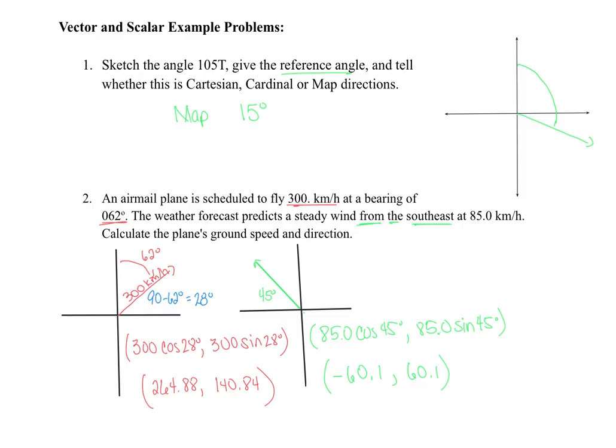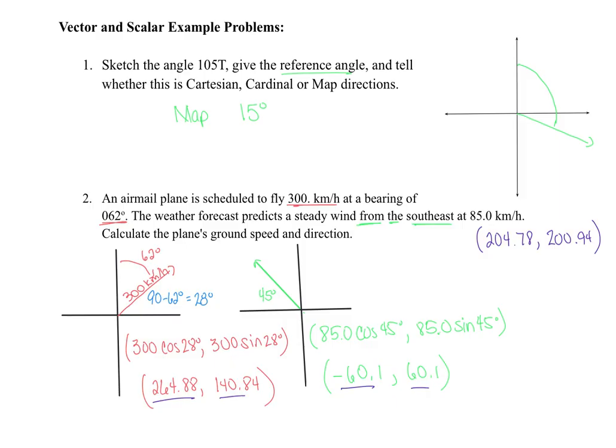I'm going to add my x values. My x values are 264.88 and negative 60.1. My new x value over here is going to be 204.78. I'm going to add my y values. That's going to give me 200.94. That is my horizontal and vertical breakdown. If I need to calculate then my magnitude, this is Pythagorean theorem, remember?